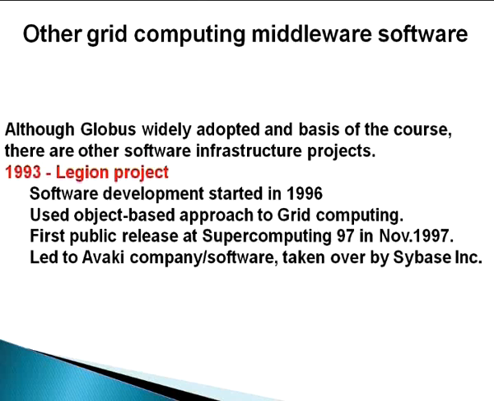The first public release at Supercomputing 97 in November 97 led to the Applied Metacomputing company, with the software taken over by Sybase. You may already know a lot of big software which came to market after a lot of experimental activity.